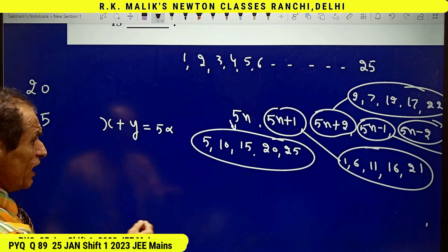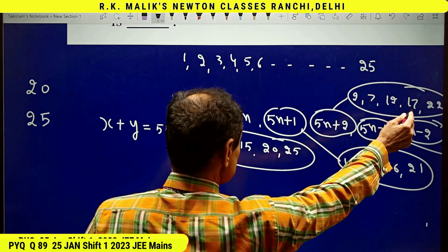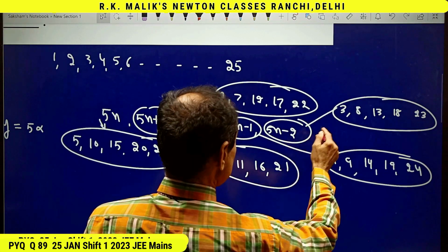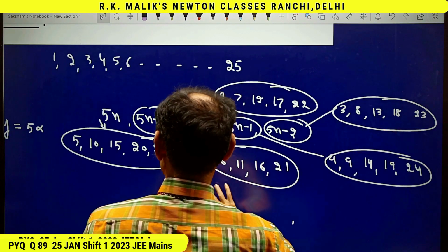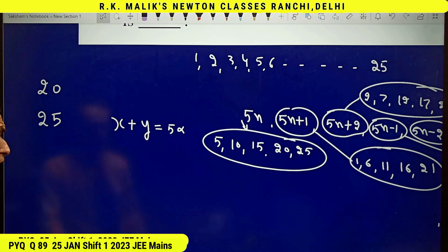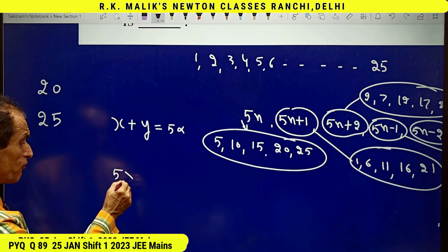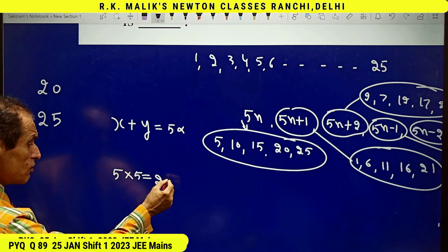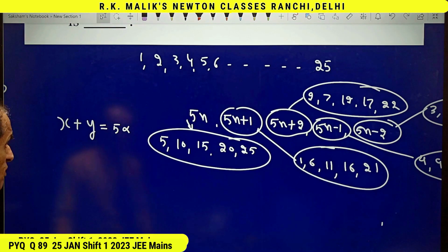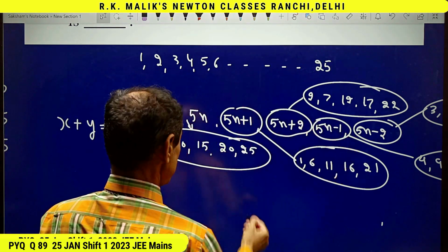And now, when x is of this form, that is, x can have any of these 5 values, and y is of this form also has 5 numbers. That is, I can say here also x can be chosen in 5 ways, y can be chosen in 5 ways. Number of ways in which I can choose x and y will be 5 into 5, that is 25. Or next is when x is of this form and y is of this form.